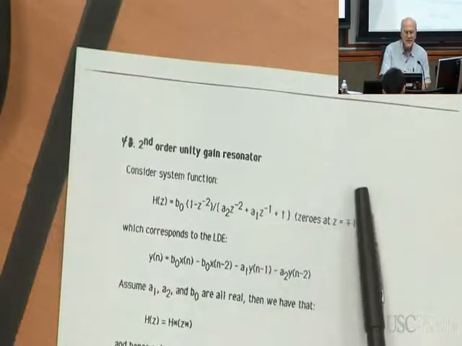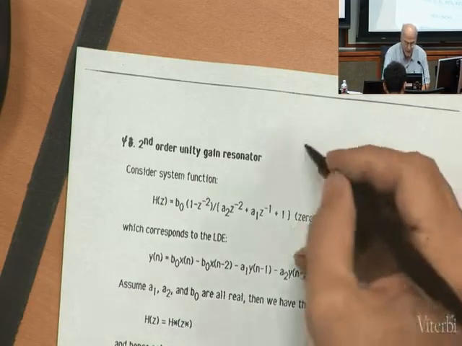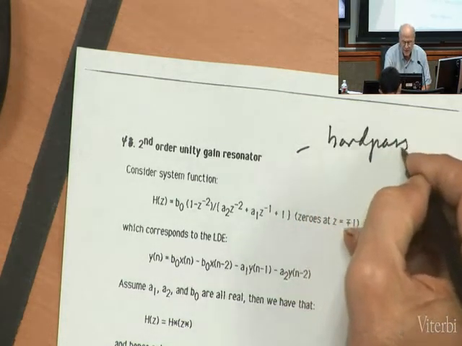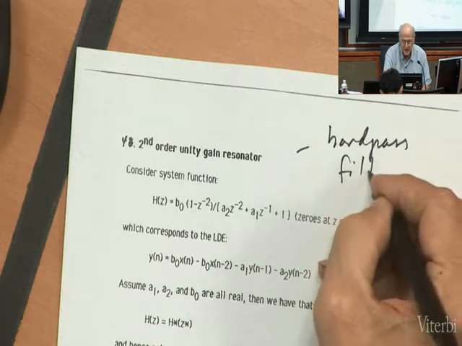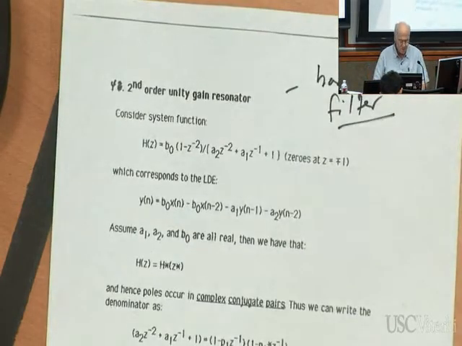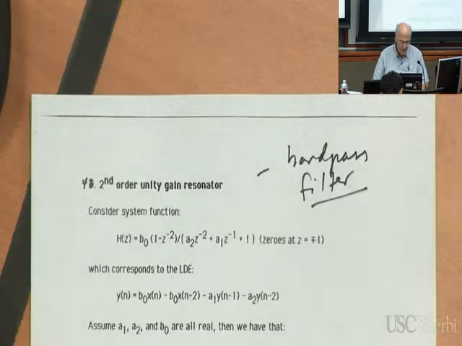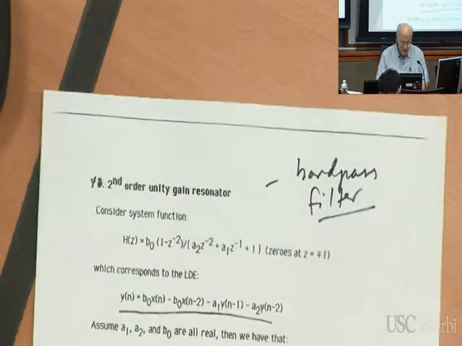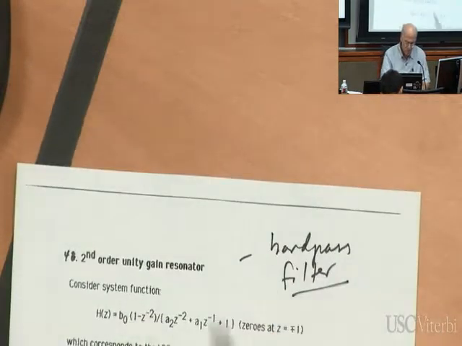This is a second order unity gain resonator filter. Basically, it is a bandpass filter. So we talked about low pass, high pass, notch. This is called a bandpass filter. And it has a very simple form for the difference equation and a relatively simple form for h of z.